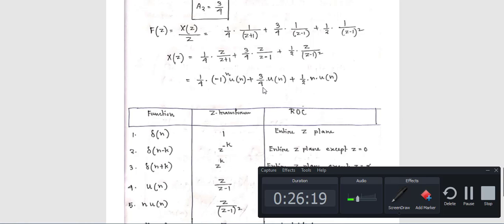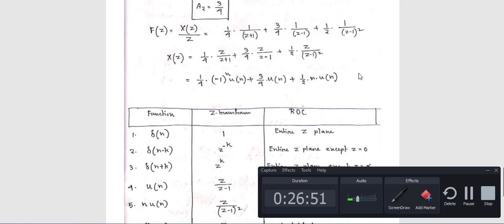Next part, 3 by 4 constant, z by (z minus 1), that means it will be 1 to the power n. You can write this 1 to the power n, or you can neglect this, no problem. But you have to write down u(n), because z transform of u(n) is z by (z minus 1). Next part, 1 by 2 again constant, then z by (z minus 1) whole square. Here what is the value of a? 1.